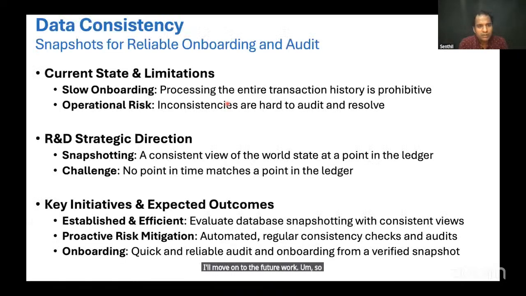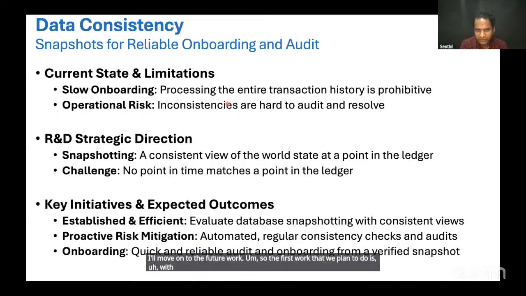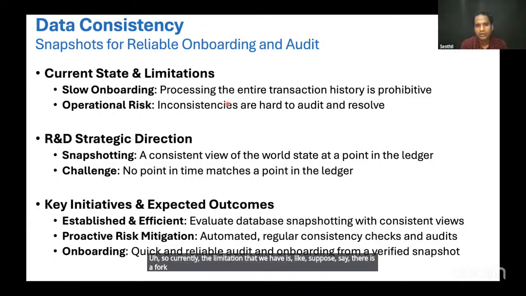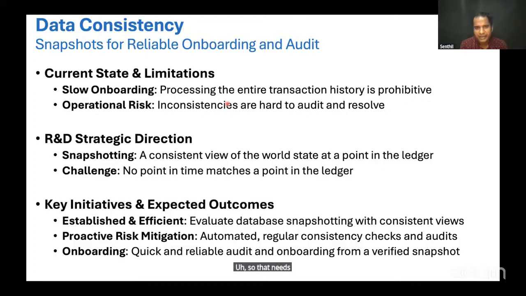So the future work that we plan to do is with respect to data consistency check. Currently, the limitation that we have is, suppose there is a fork in the network due to a bug, or any malicious admin has modified data in the database. So that needs to be detected, right?